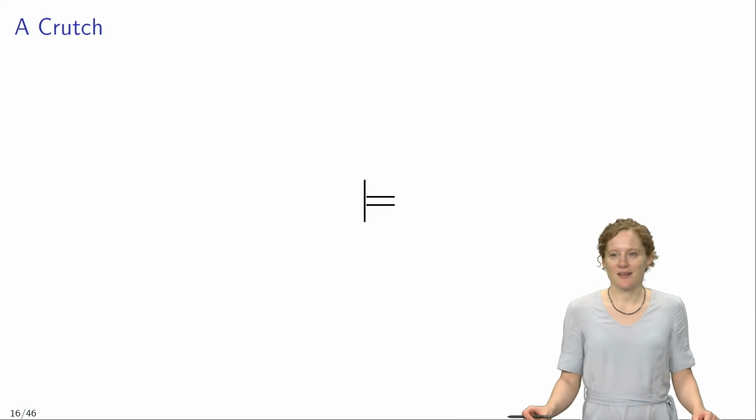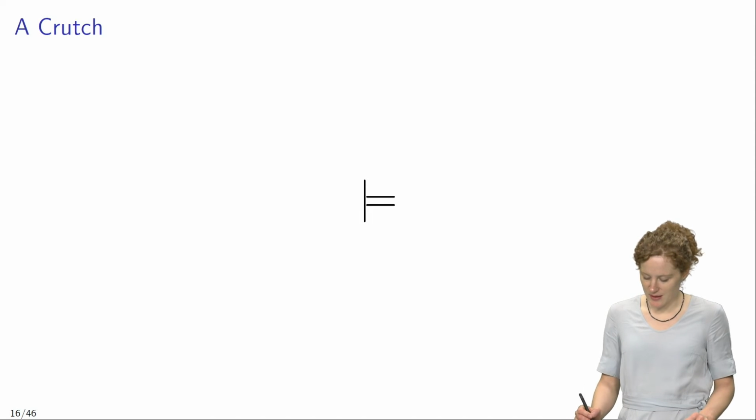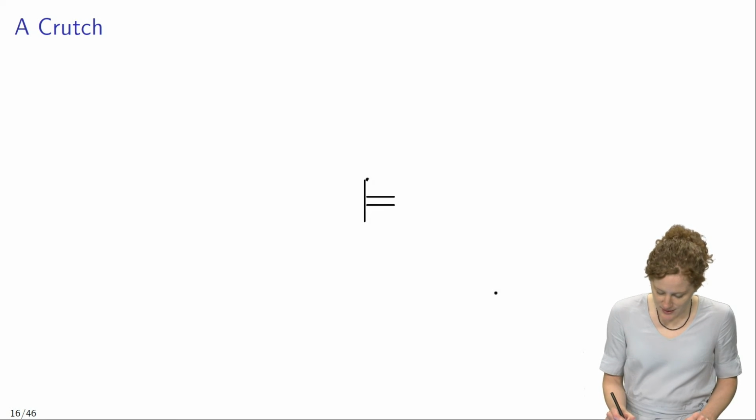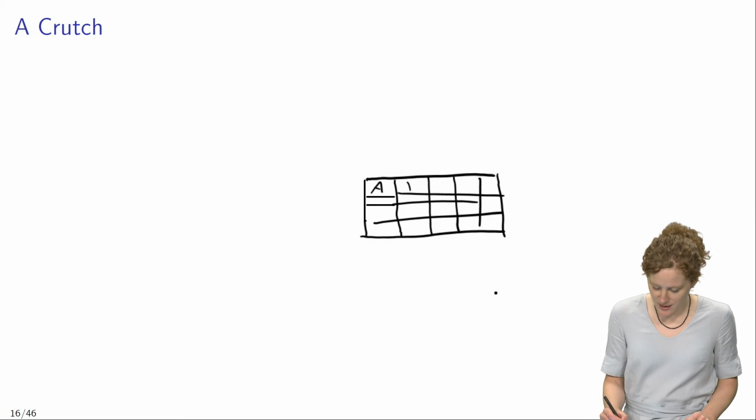So here's a little crutch to help you remember the difference between the turnstile and the double turnstile. So this is the double turnstile, and you can see it actually looks a little bit like a part of a table. So you can kind of extend it like this, and now it looks like a truth table with the different rows, A, B, A or B, and so on and so forth.